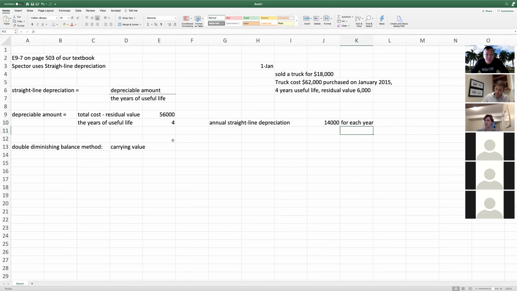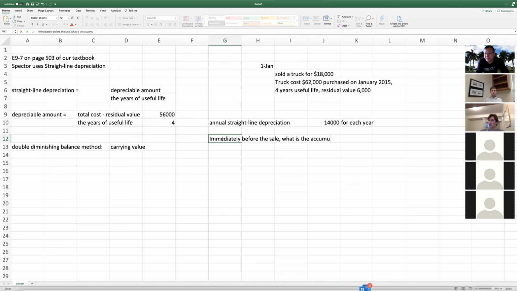Okay, so we need to know this cost is always 62,000, right? We want to know, immediately before the sale, what is the cumulative depreciation on the truck?